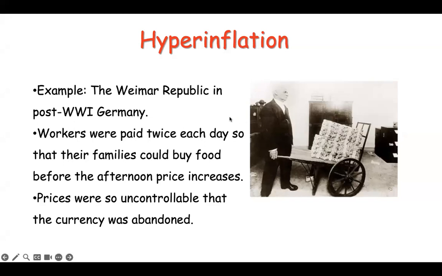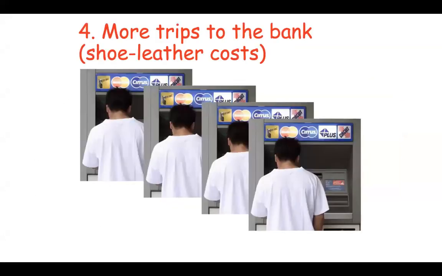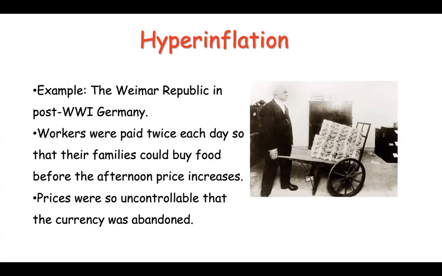So essentially it led to a point where workers had to be paid twice. Remember what we just said about shoe-leather costs. This is the extreme example, where prices are growing so fast, and the cost of holding money is so large, that people are just trying to get rid of money.